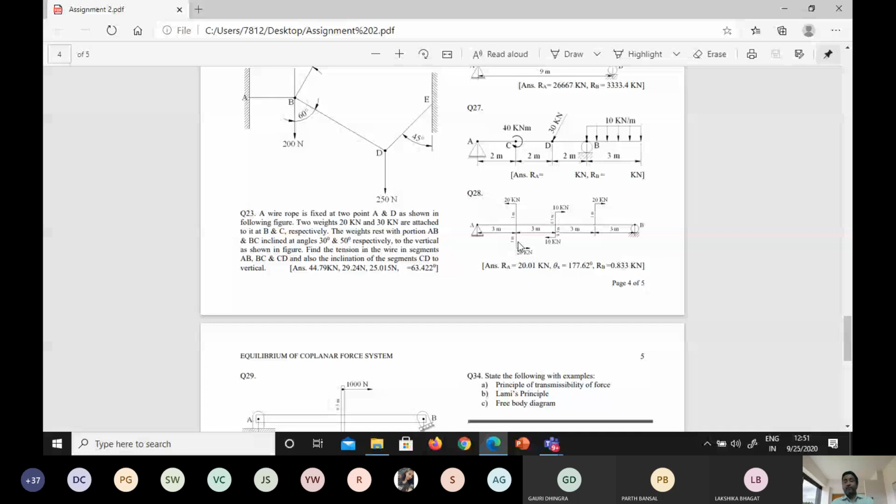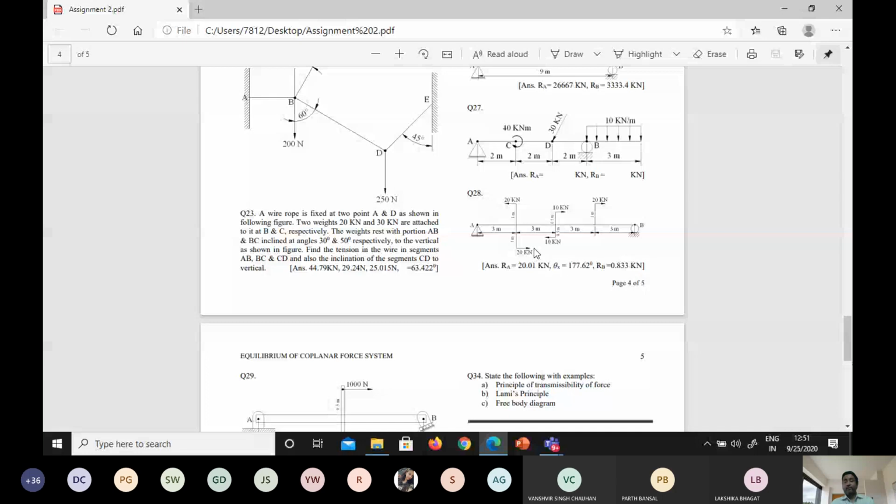Can anybody tell what will be the moment here? For question number 28, for the first couple. 40 kilonewton meter, yes, but see, the distance is also there.